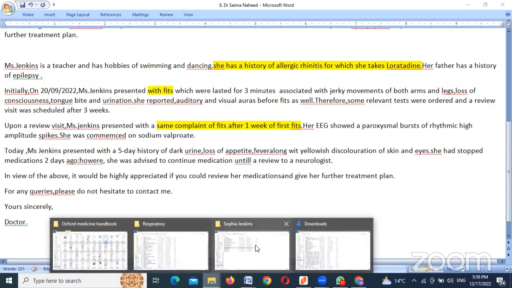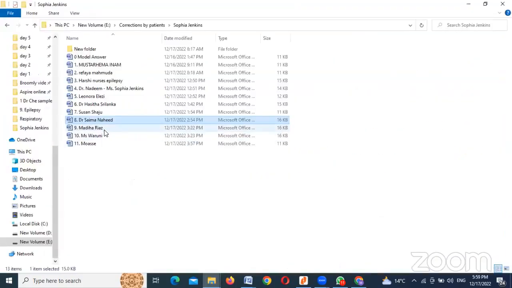We have discussed a lot about the letter. You have seen the model answer also. You can improve. But this is not a B grade, Dr. Sama. Needs improvement, please. A little bit more improvement. You can easily get your B grade.